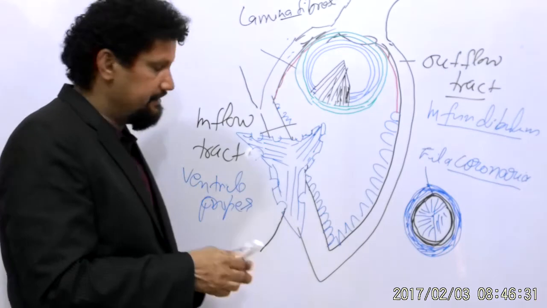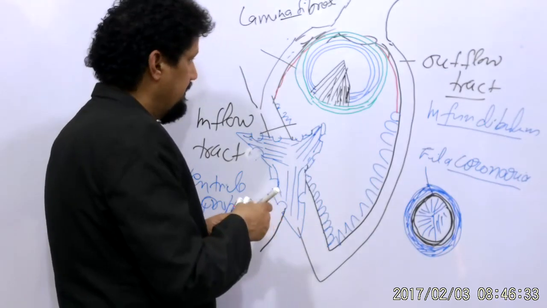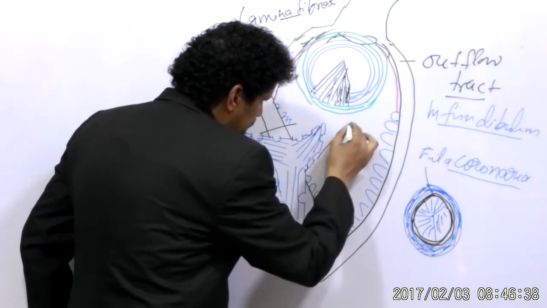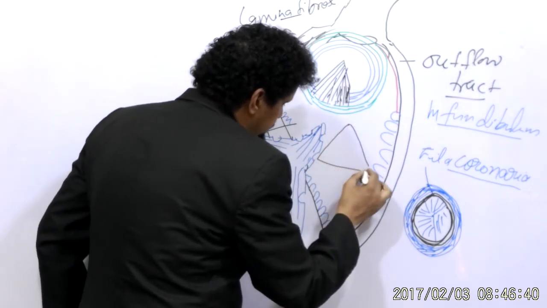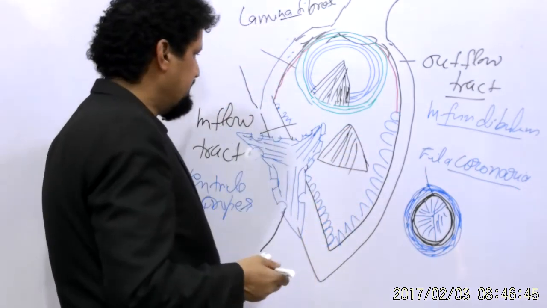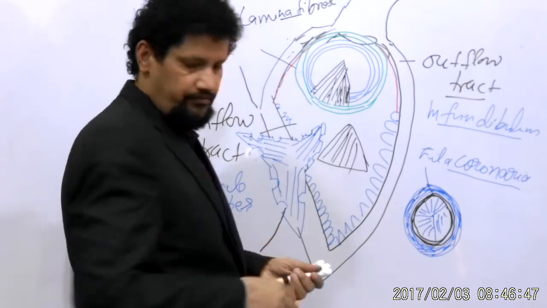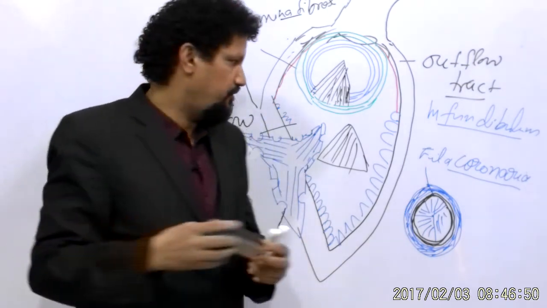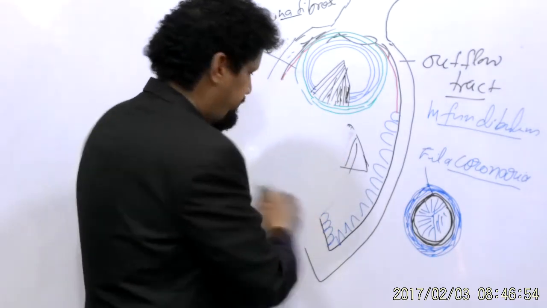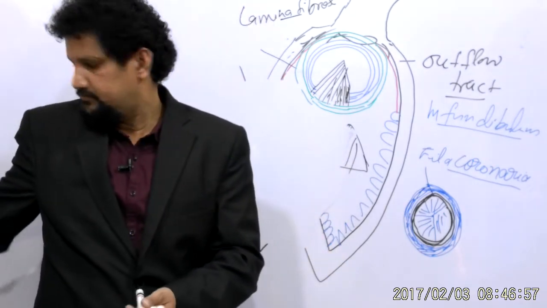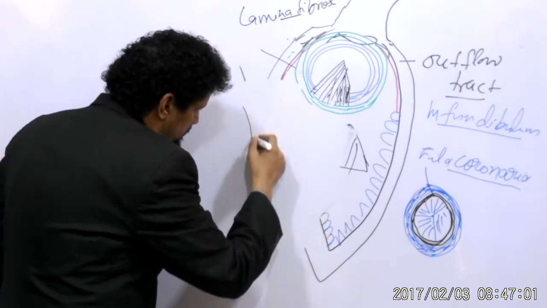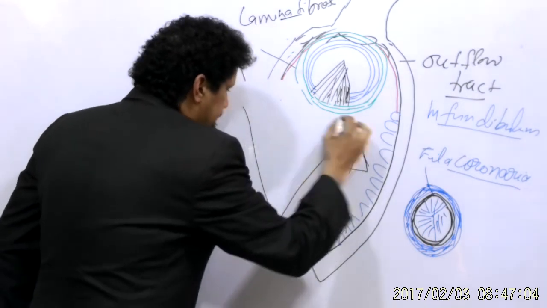So here we can see there are attachments of some fibers. A cusp is formed by three parts. This is a cusp.